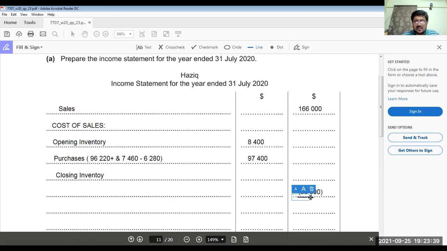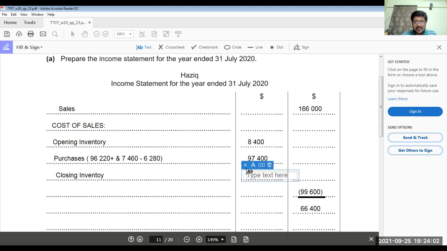Now we can easily calculate gross profit. 166,000 minus 99,600, 66,400. Now, how to compute closing inventory?